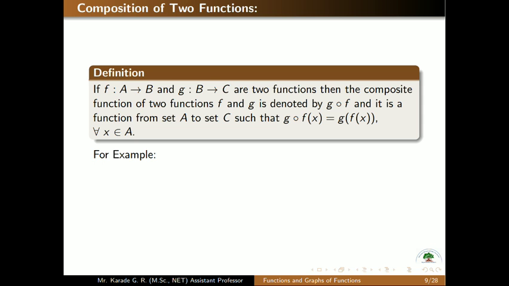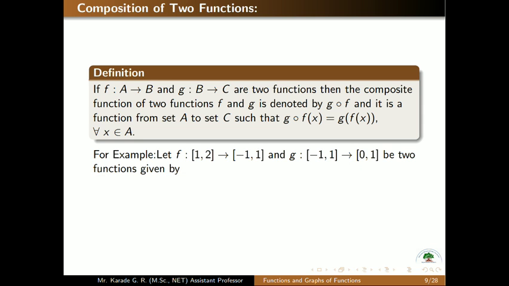For example, let f be a function from closed interval 1 comma 2 to closed interval minus 1 comma 1, and g be a function from closed interval minus 1 comma 1 to closed interval 0 comma 1. The two functions are defined as f of x is equal to sin x and g of x equal to x square respectively.